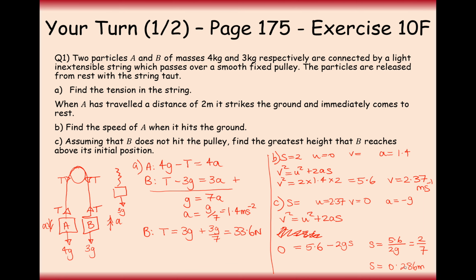So that's how far it's travelled once the string has become loosened, but remember it's already travelled that 2 meters. So therefore total distance here, s is going to equal 2.286, and rounding that to the correct significant figures, it's going to be 2.3 meters per second. No, meters, because I've used g in my calculation.